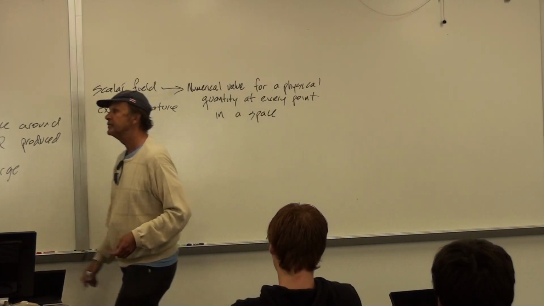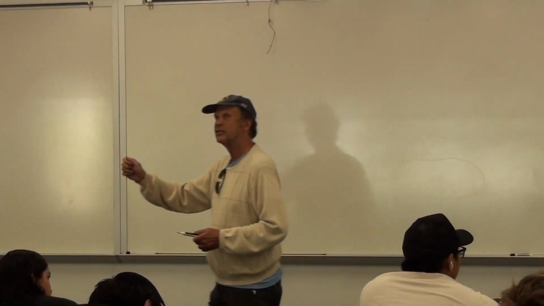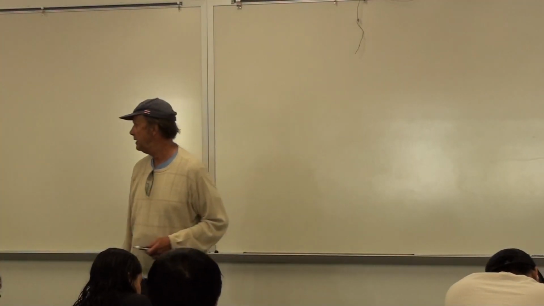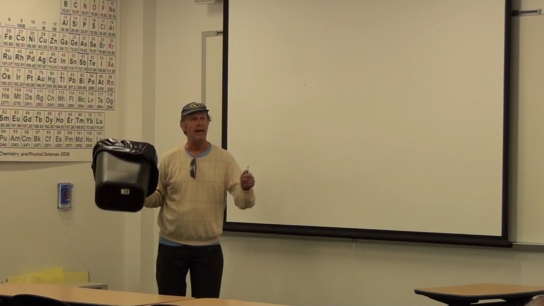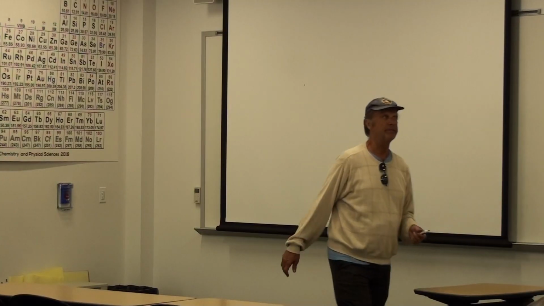In other words, at every point in this room, I can go around with the thermometer and measure the numerical value for the temperature in the room. I wouldn't refer to the trash can field because this is a localized object. This does not contain a numerical value at every point in the space, but temperature does. And so that's how we define a scalar field.